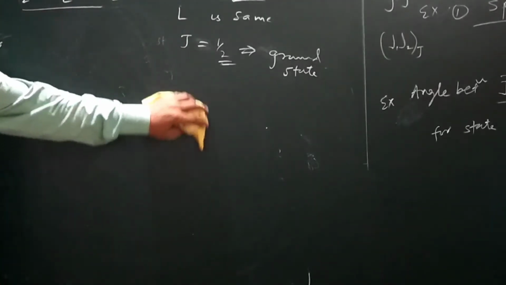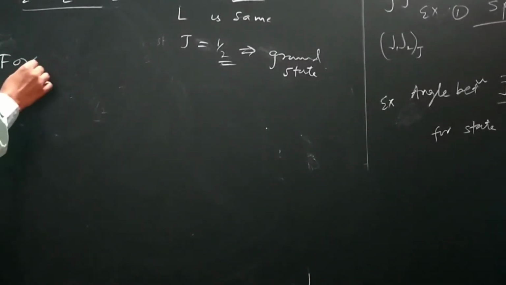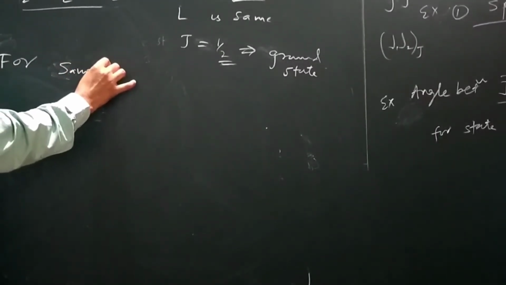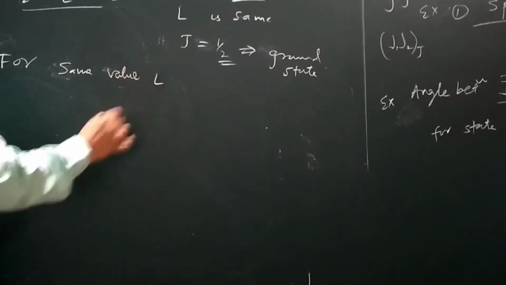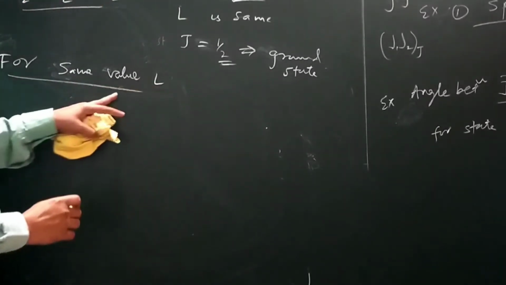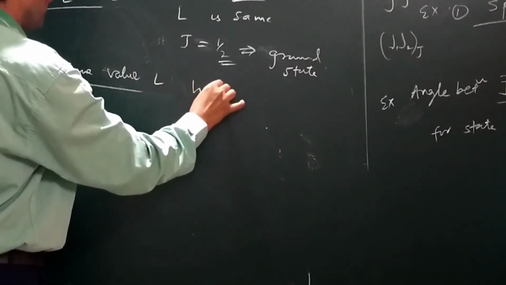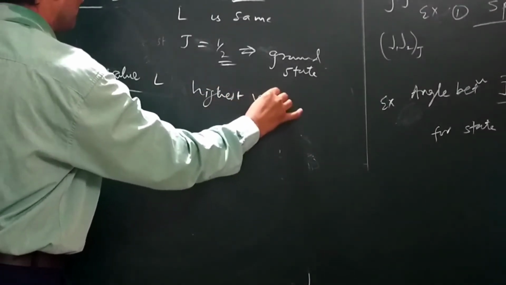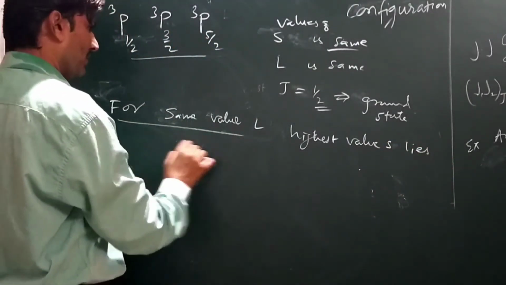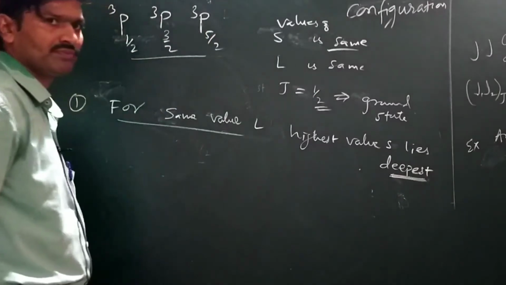Any multiplet we can write like this. The first rule is: for the same values of L, the highest value of multiplicity, that is the highest value of S, lies deepest, meaning lower.